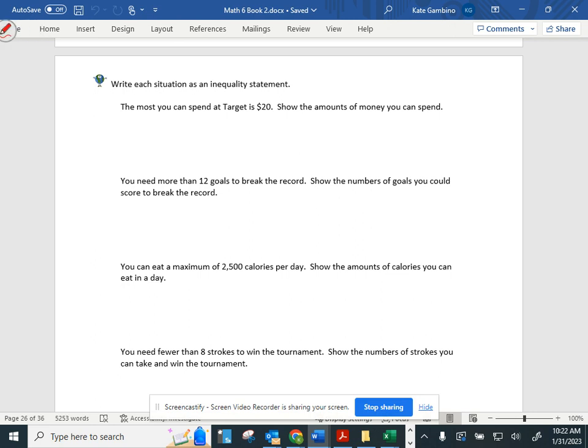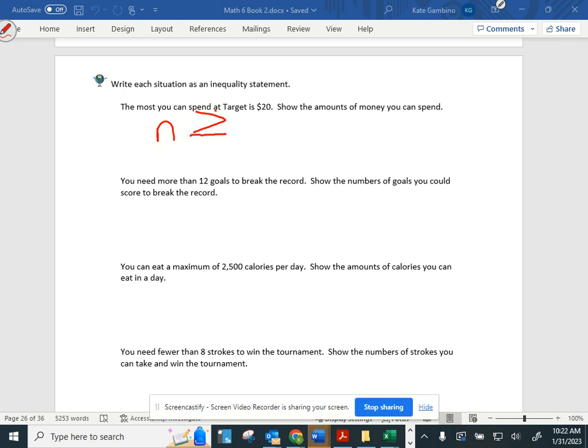Amelia. That sign with the line under it. So we want that equal sign because you can spend at most, you can spend $20. Okay. And then do we want the less than or greater than? Greater than. So the most you can spend at Target, this is our greater than.